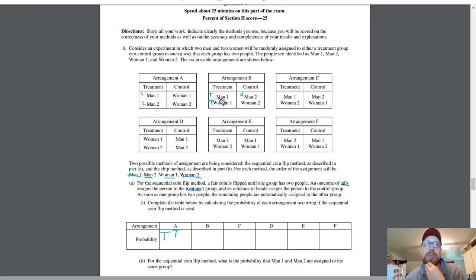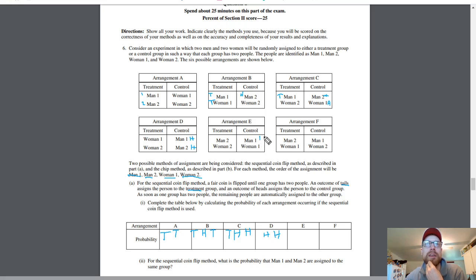Arrangement B. We flipped tails, heads, tails. Alright, this is our order. Man 1 went to treatment, man 2 went to control. So that's T, H, T. Then T, H, H. Alright, here we flipped heads, heads.